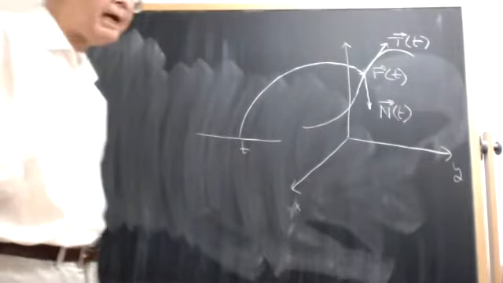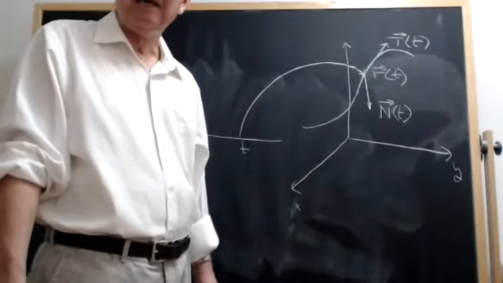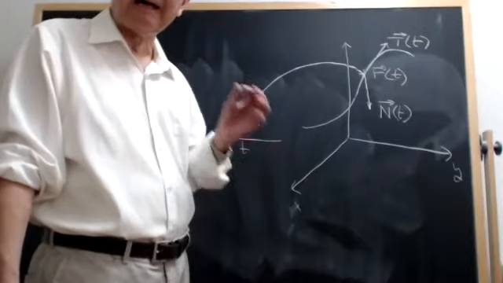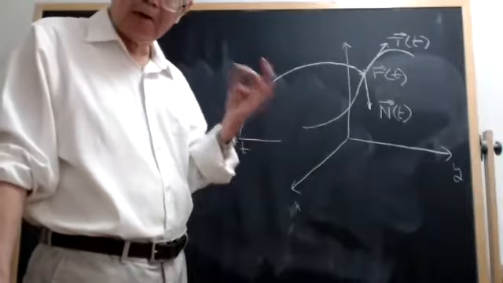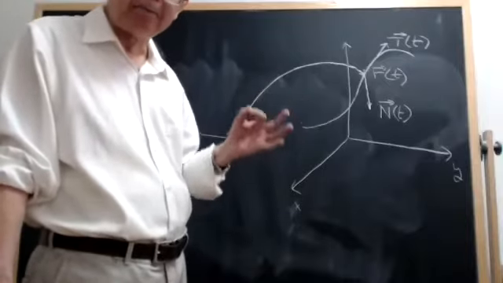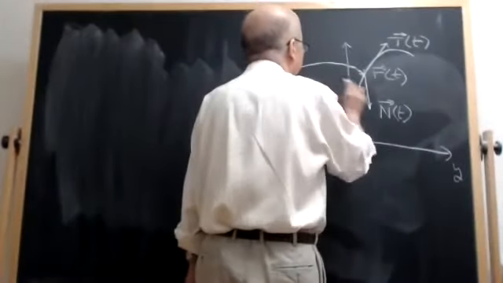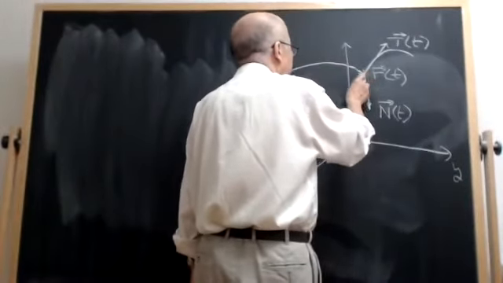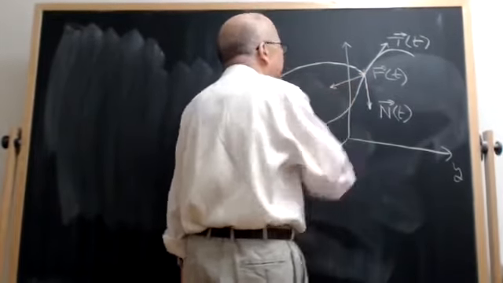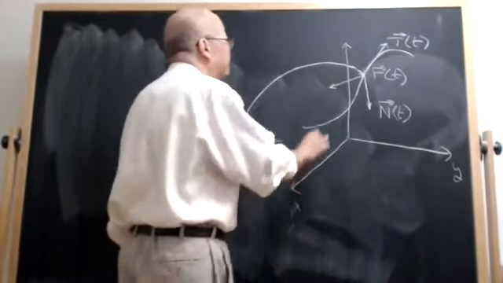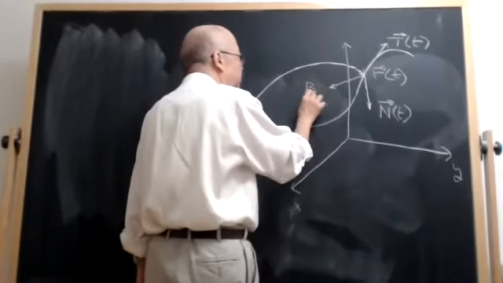N of t is perpendicular to T of t. T of t and N of t determine a plane. And then we look at a vector perpendicular to the plane determined by T and N. And we call that B of t, the binormal.